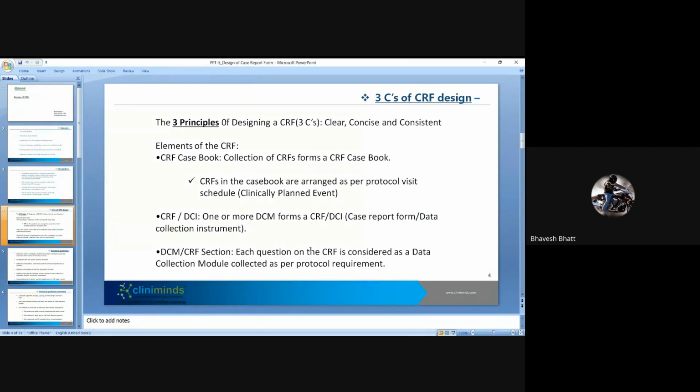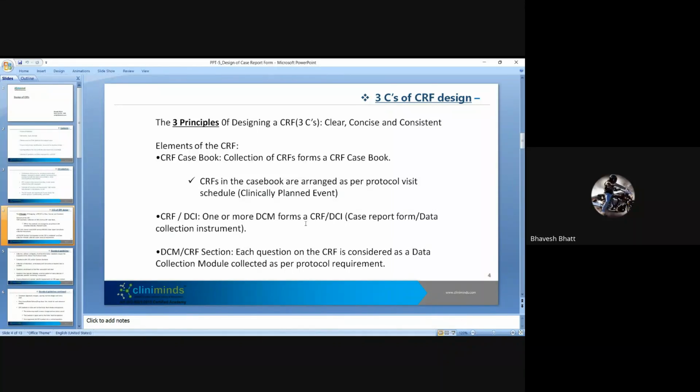What details we want to collect should be clear, in terms of the requirements mentioned on the CRF. Second is concise, to the mark, to the point. That is what we mean by being concise.